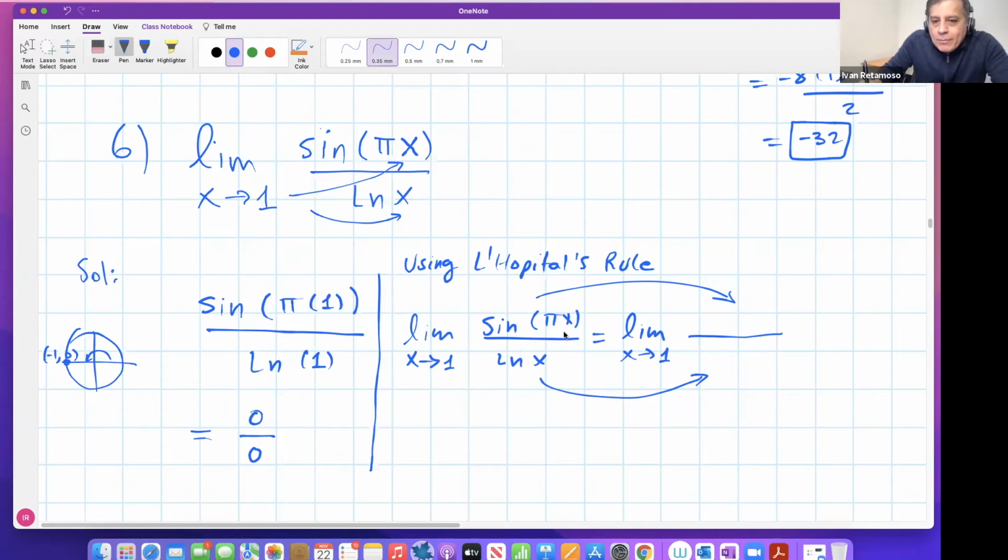The derivative of sine of pi times x. What's that? The derivative of the outside function sine is cosine, right? Cosine of pi times x times the derivative of the inside function. The derivative of the inside function is just pi, the constant, right? On the denominator, the derivative of natural log of x is just 1 over x, right? Then try again.